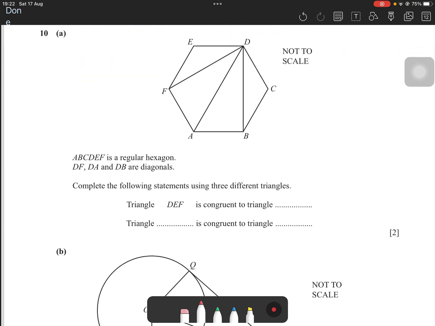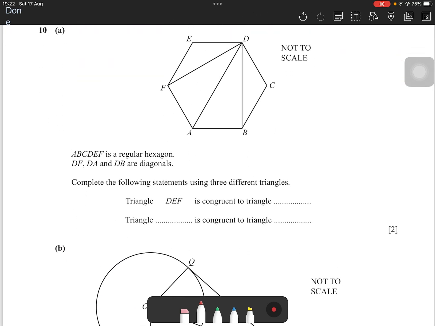Question 10. A. ABCDEF is a regular hexagon. DF, DA, and DB are diagonals. Complete the following statements using 3 different triangles. Triangle DEF is congruent to this triangle.